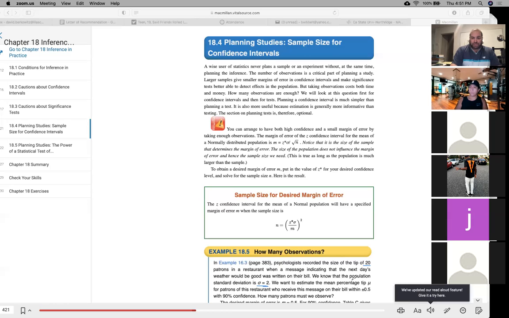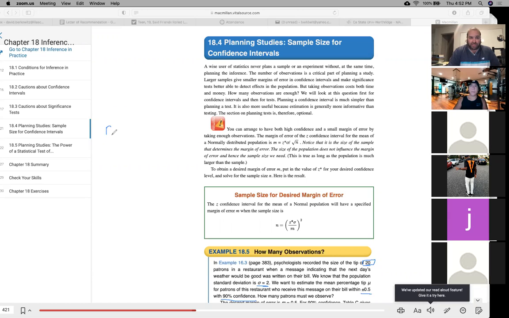And we want to estimate the mean percentage tip mu for patrons of this restaurant who receive this message on their bill within plus or minus 0.5 with 90% confidence. Now we asked 20. Is that enough to get a margin of error within plus or minus 0.5? Well, let's take a look.